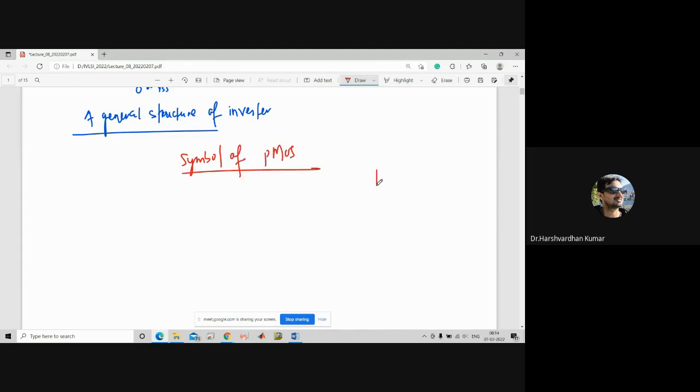The symbol of PMOS is like that. This is also the symbol of PMOS. You can see here there is drain, gate, and source, and the symbol is also like that. So for PMOS, the arrow should be outwards.